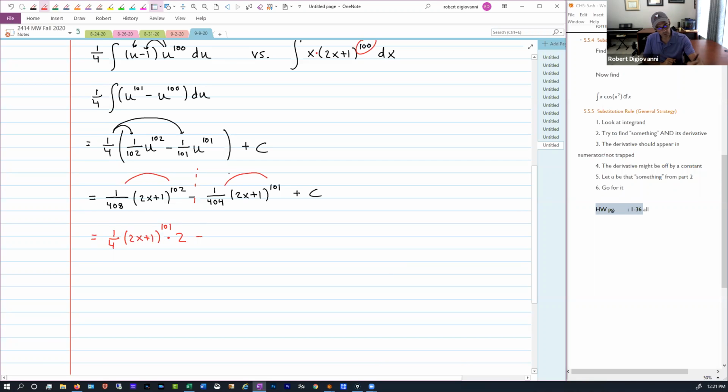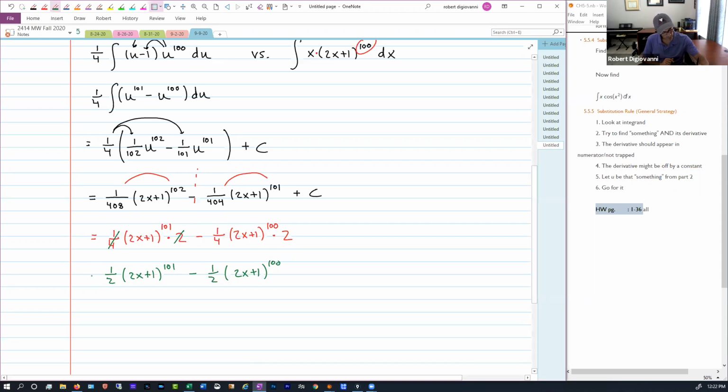Minus, then I bring the 101 out here, and I get another 1/4, and then 2x plus 1 to the 100th, times 2 because of the chain rule. The 1/4 in this becomes a 1/2. Then I've got 2x plus 1 to the 101, minus a half, 2x plus 1 to the 100th. Wait a minute, that doesn't look like the original problem.